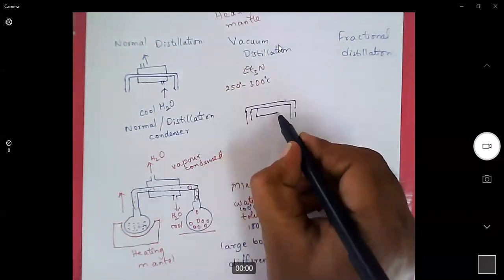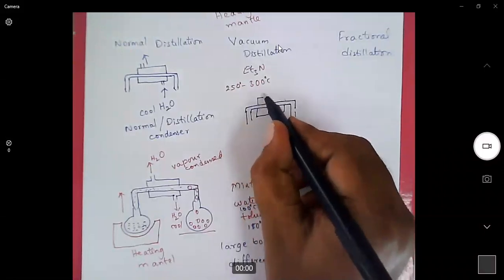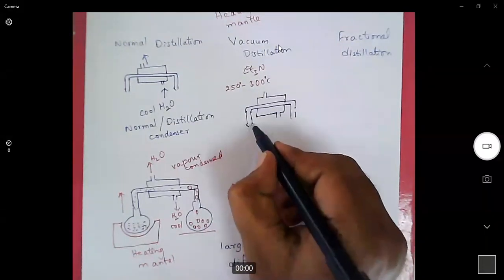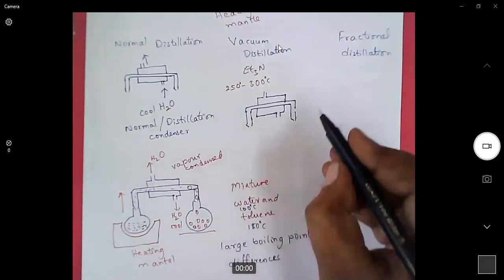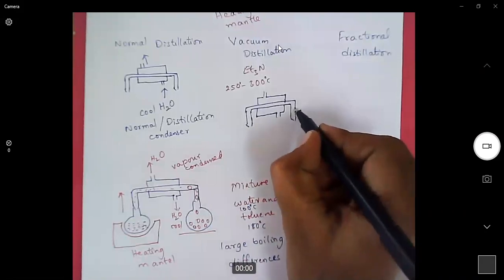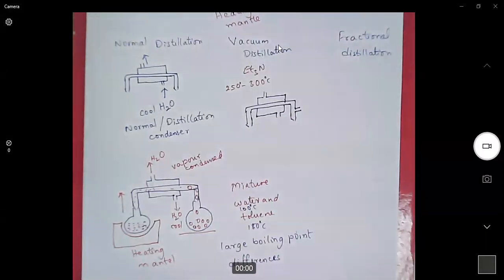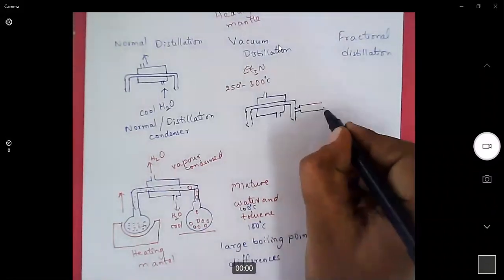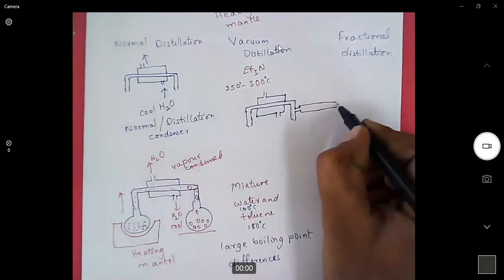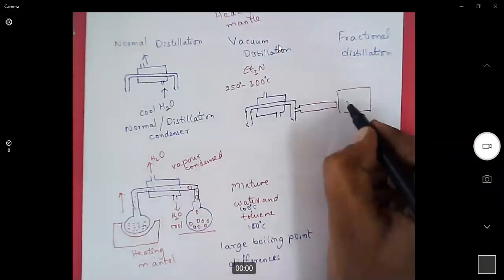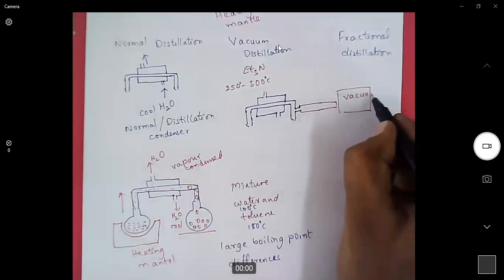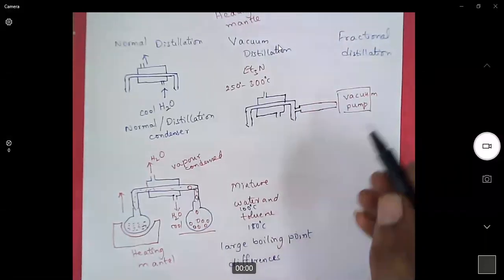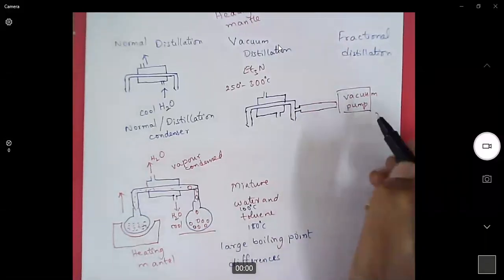So this is the normal distillation condenser. Now, what is the vacuum distillation condenser? Here we will have a separate space which can be connected to a vacuum pump. Then when we switch on this vacuum pump, what will happen?